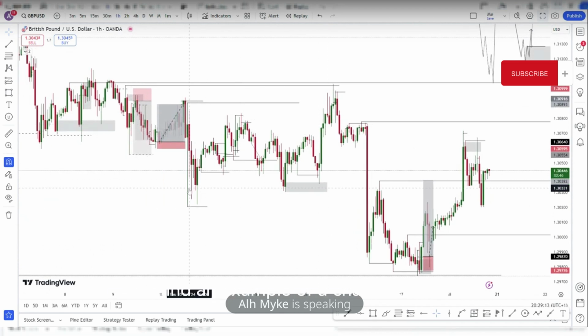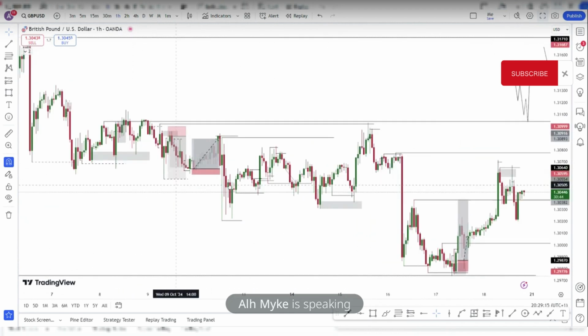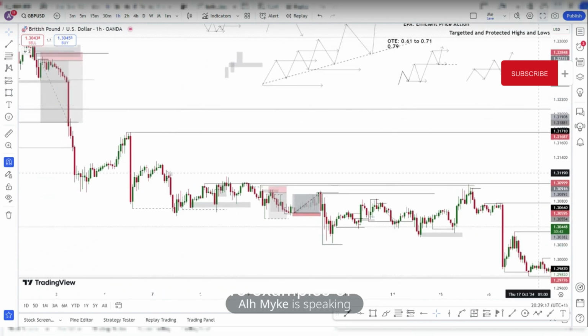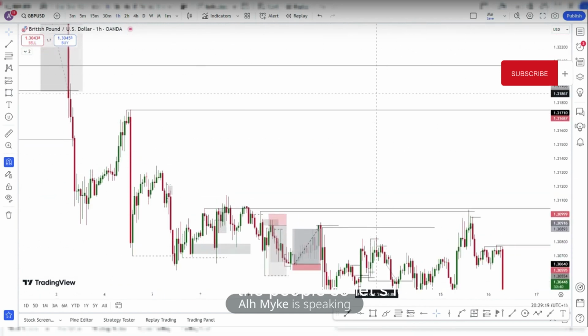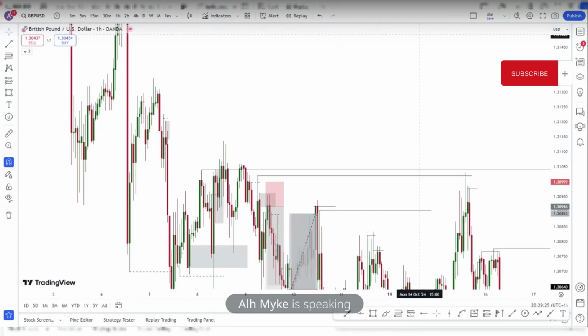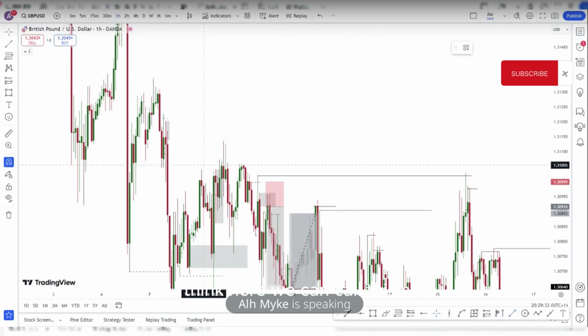So let's see if I can find one or two examples on the chart for you before we call it quickly. Perfect, I think this can serve. Look at this, for example. I think here we can call this a sweep, right?